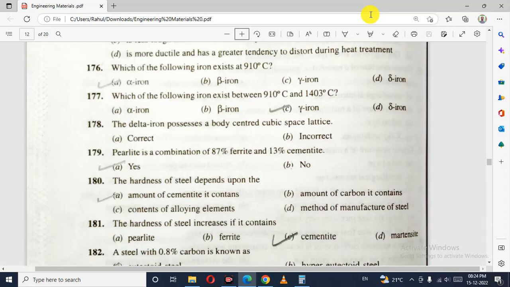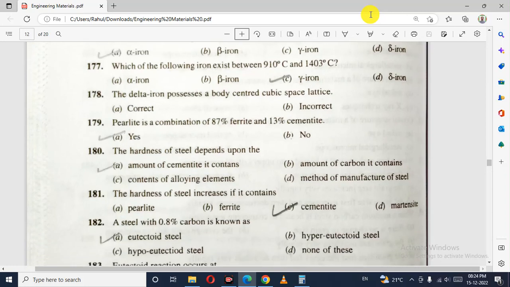Pearlite is the combination of 87% ferrite and 13% cementite. Yes, the hardness of steel depends upon the amount of cementite contained. The hardness of steel increases as the cementite content increases.